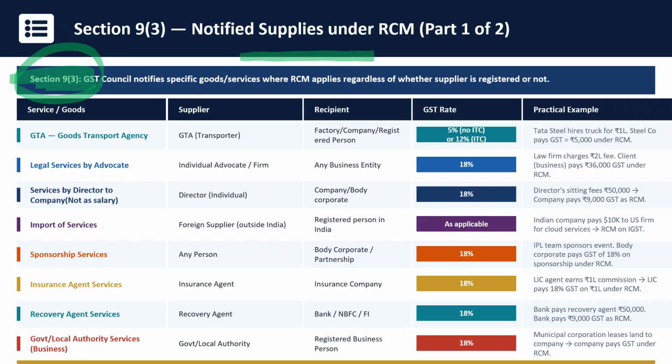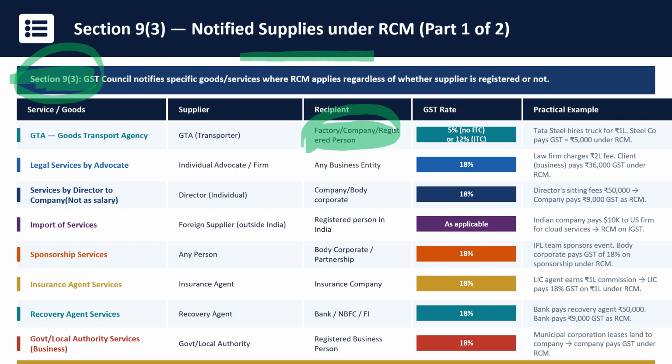The recipient would be either a factory, a company, or a registered person. If it is an unregistered person, or not a factory or company, in these situations the GST itself is exempt, in the exempt category or below the threshold limit, which we will see in a separate PPT. Now the GST rate is 5% or 12%, which I will explain in the next slides.